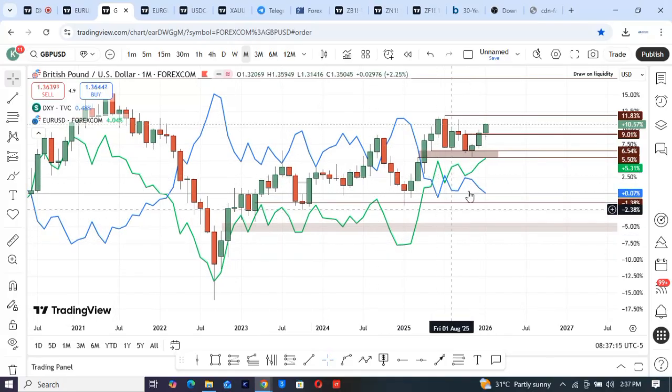So look at this now. As we see price in the pound USD, pound dollar, reaching for this fair value gap right over here, we see them fake out this low over here, take out the low over here.